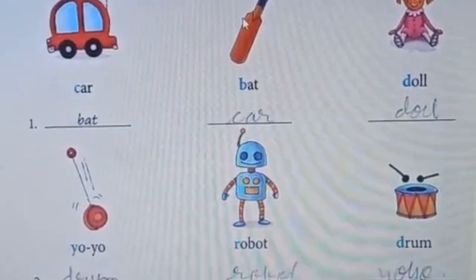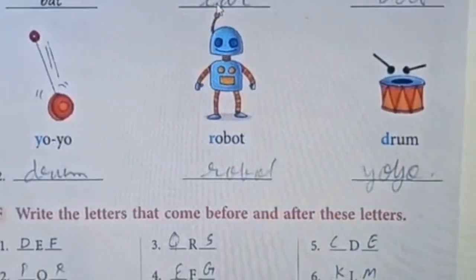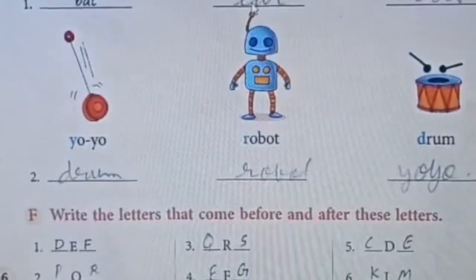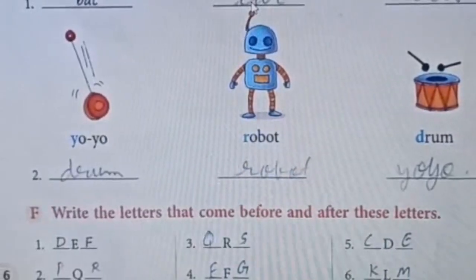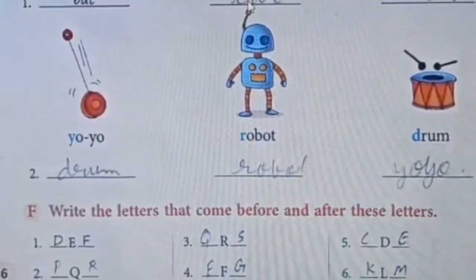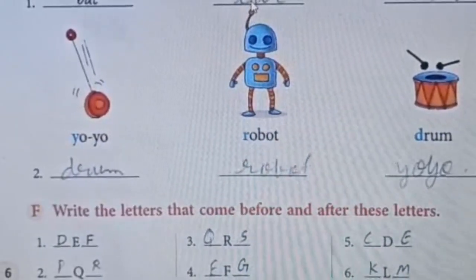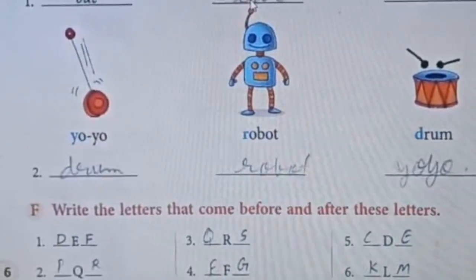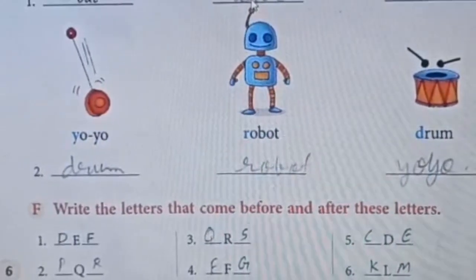Now moving ahead, F. Write the letters that come before and after these letters. Here we have to write the letters that come before and after, same like in numbers we do, like write before numbers and after numbers, 1, 2, 3. If there is 2, then before number is 1 and after number is 3. Same like that here in number 1, E is given.